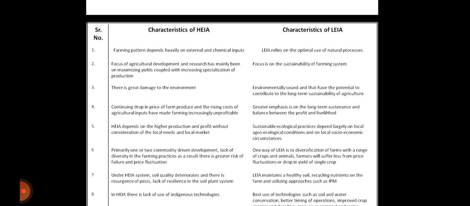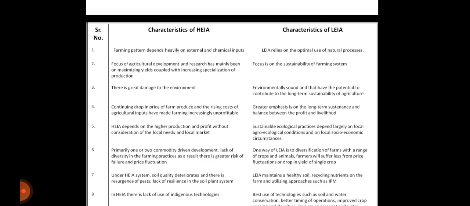Seventh point, under the high external input agriculture system, there is soil quality deterioration, and pest resurgence and lack of resilience in the soil-plant system.